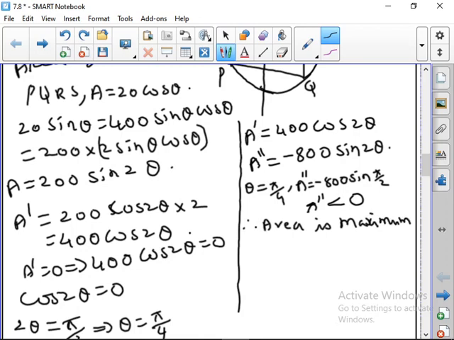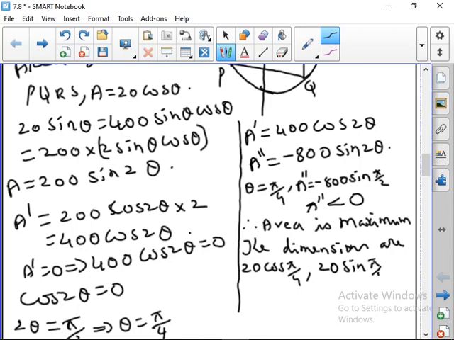Area is maximum. So we have to find the dimensions now. The dimensions are 20 cos theta and 20 sin theta. What should we substitute for theta? Pi by 4. So the dimensions are 20 cos pi by 4 and 20 sin pi by 4.